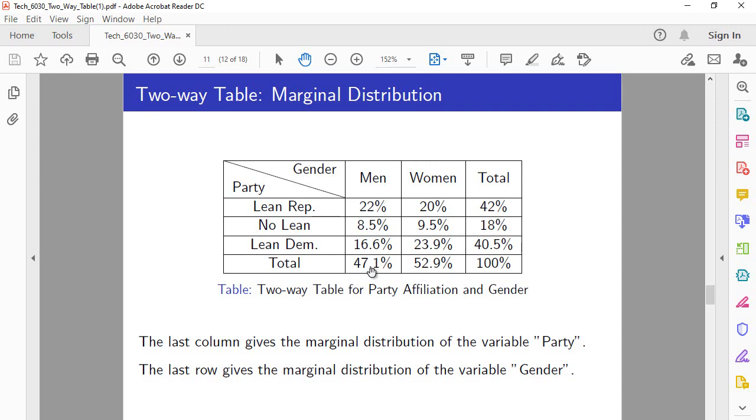The last row, the percents in the last row, what are they telling us? Well, 47.1% of the adults in the study were men, and 52.9% of the adults in the study were women.